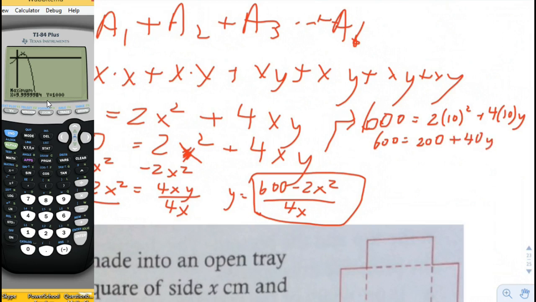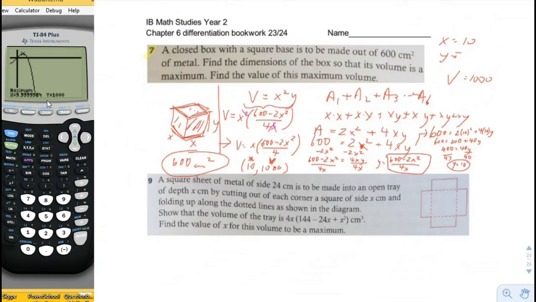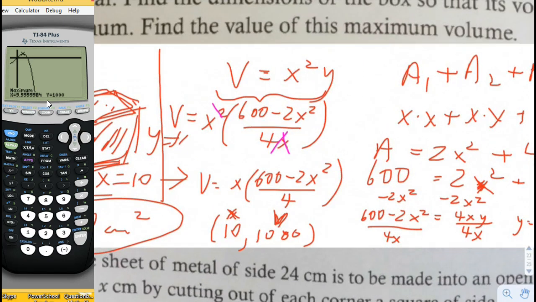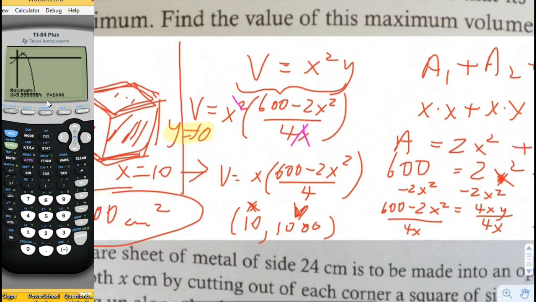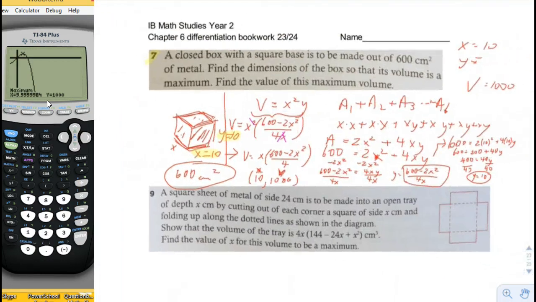So subtract 200 from both sides, we get 400 equals 40y, and now we know that y is equal to 10. So we just discovered that x equals 10 and y equals 10. Those are the dimensions of the maximum volume box that you can make out of 600 centimeters squared. And the volume is going to be 1,000.